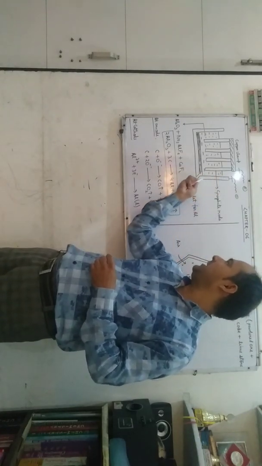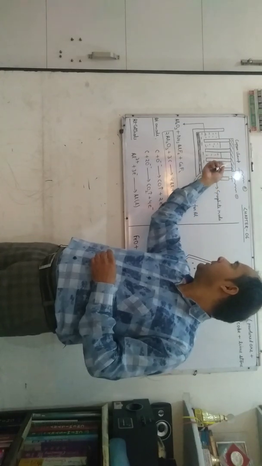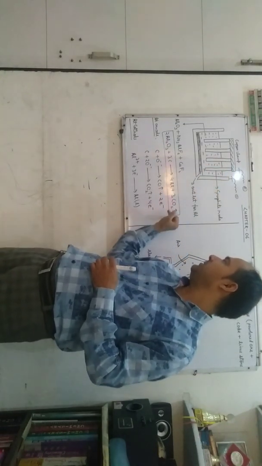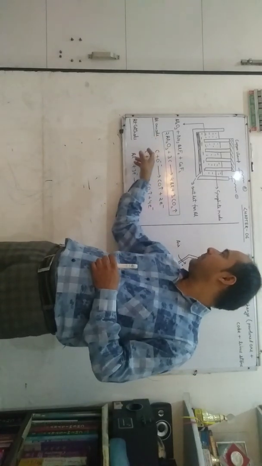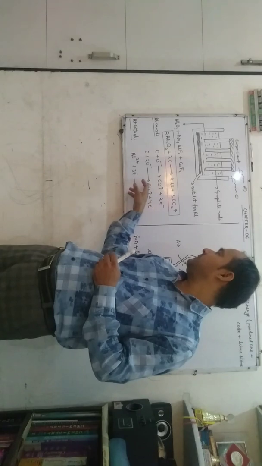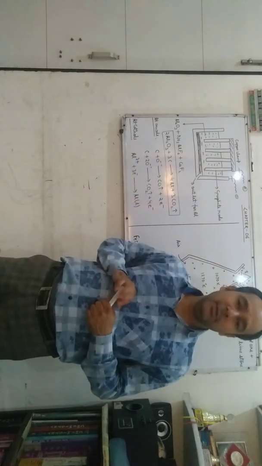Steel vessel with lining of carbon acts as cathode while graphite anodes are used. At anode, carbon combines with oxide ion to liberate CO and CO2, and at cathode we obtain aluminium metal.